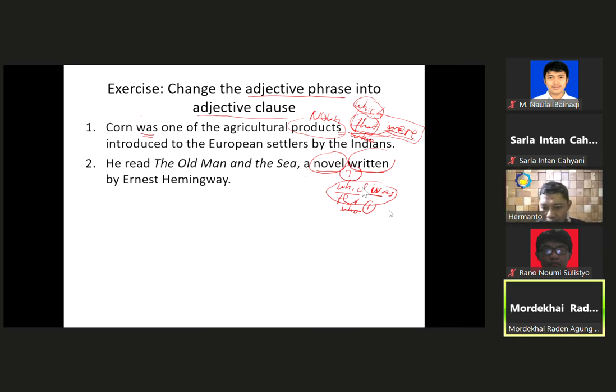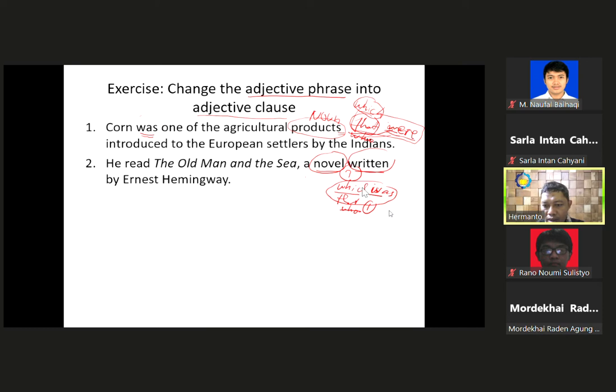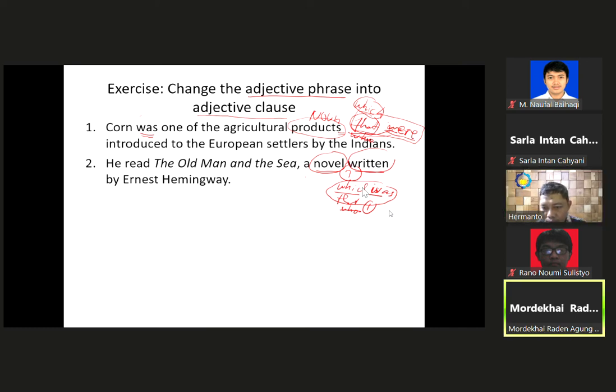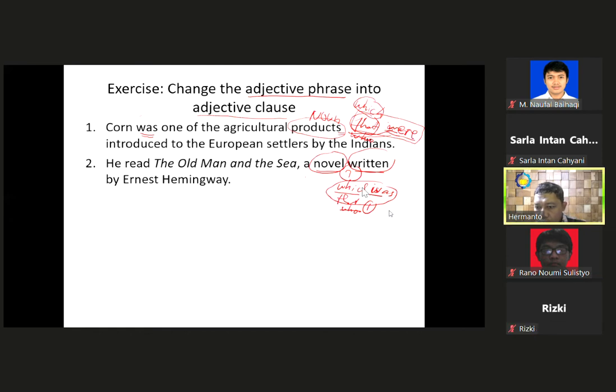And there is another place in the sentence that you can make it into clause. Yes, anyone? Which one?